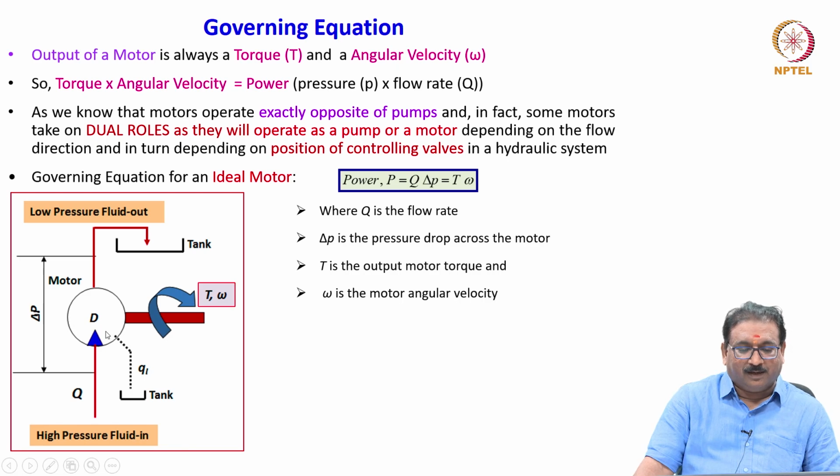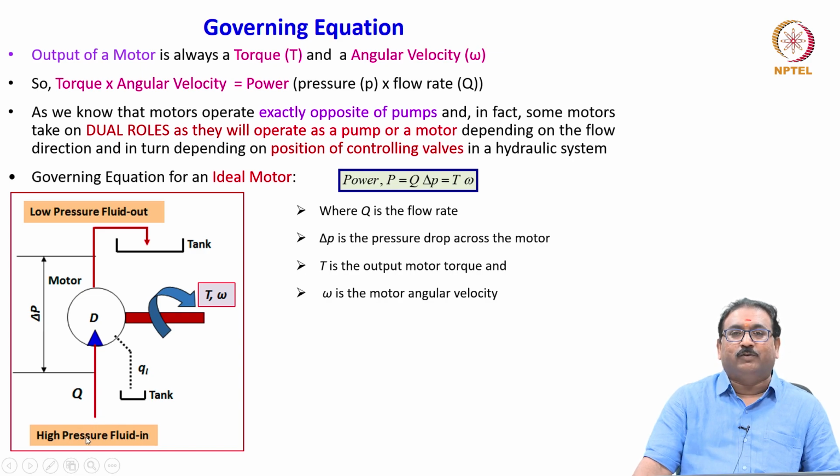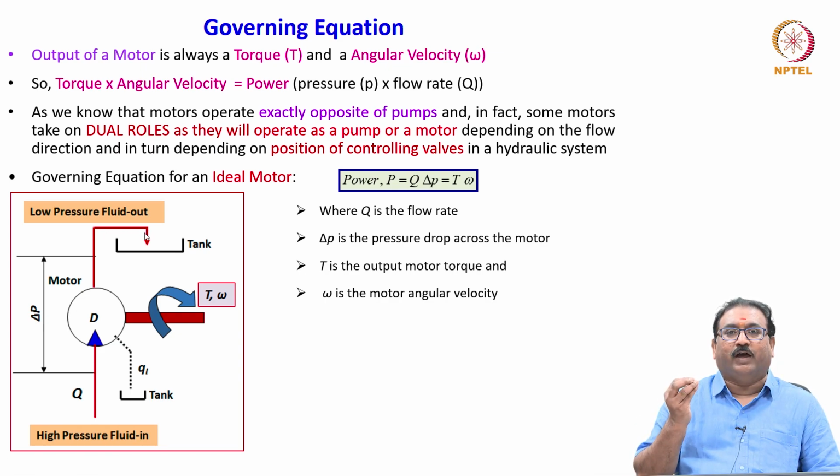This is a hydraulic motor. The input is a high pressure fluid coming through the pump and a valve here. The output is, after rotating the shaft to get the mechanical torque and angular velocity, the fluid will exit from the outlet, which is a low pressure fluid going to the tank.